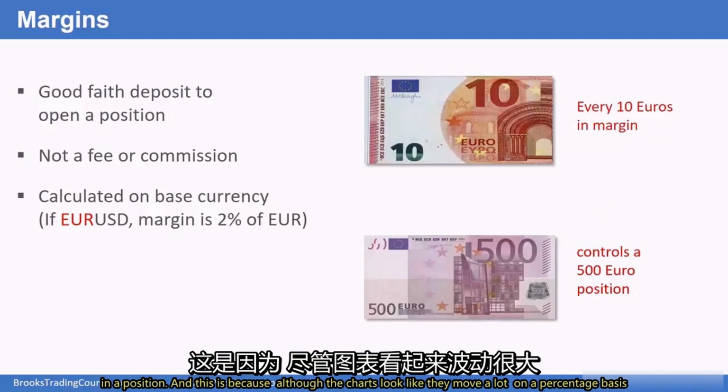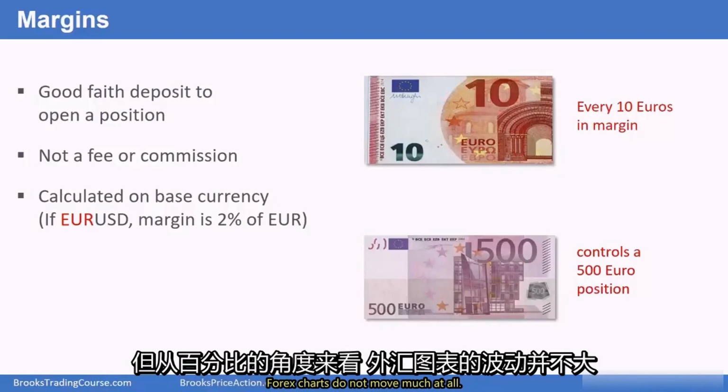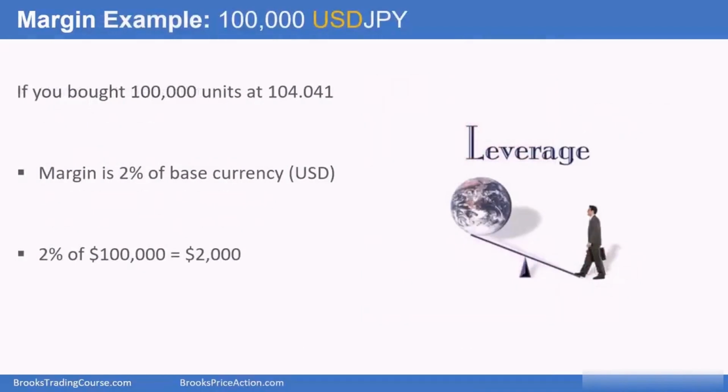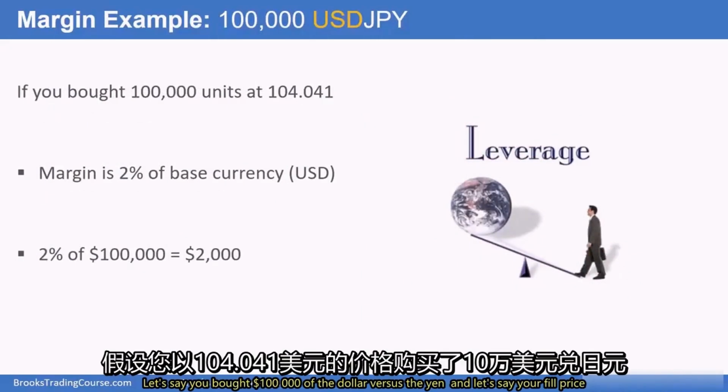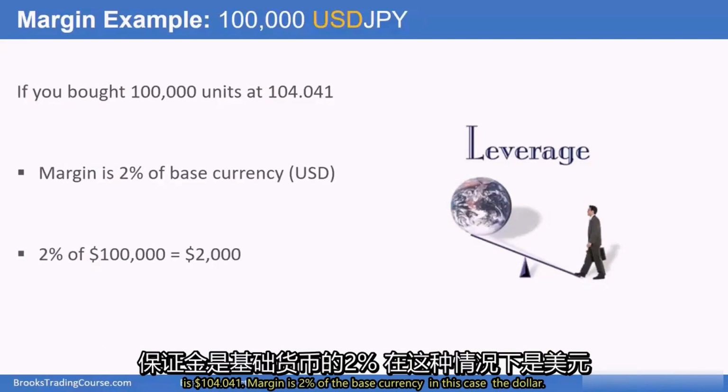And this is because although the charts look like they move a lot, on a percentage basis, Forex charts do not move much at all. Here's an example. Let's say you bought 100,000 of the dollar versus the yen. And let's say your fill price is 104.041.